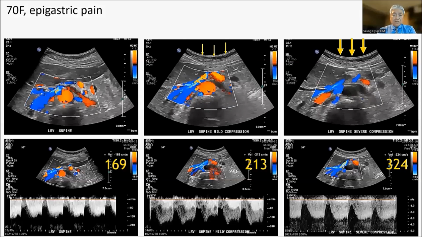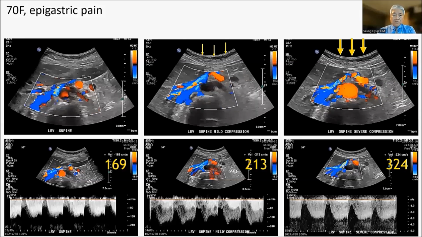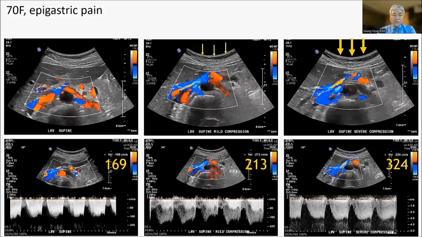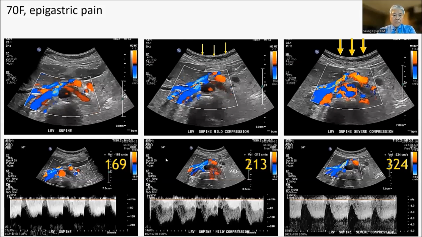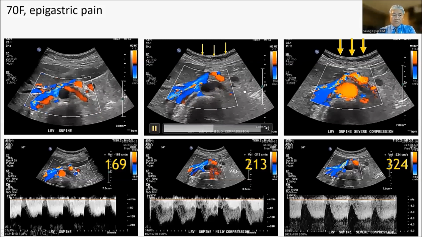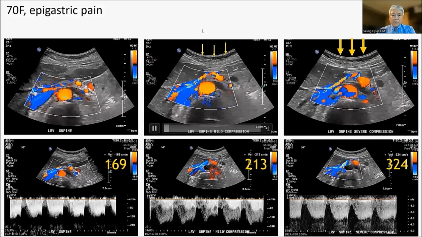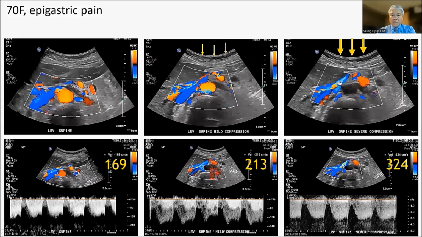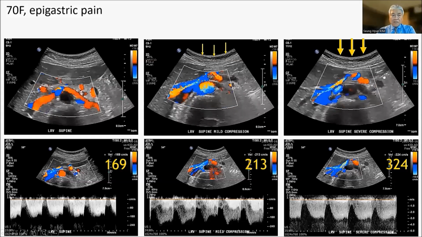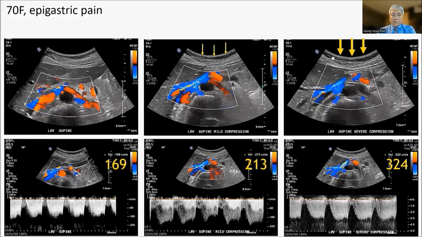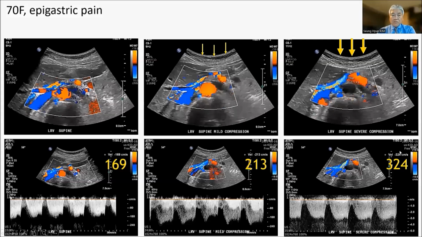The first set of the color and the spectral Doppler on the left side is without transducer compression, and peak flow velocity was 169. The middle set was with light compression, and the peak flow velocity was 213, and the last right side set was with strong compression, and the peak flow velocity was 324.